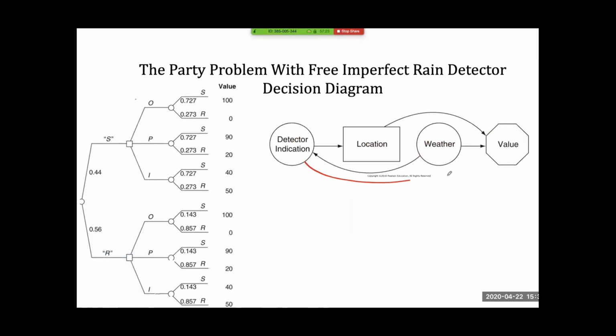We don't have an arrow like this because really what determines the value of the party is just the location and the weather. The detector doesn't determine the value, so adding an arrow from here to here would not be accurate.